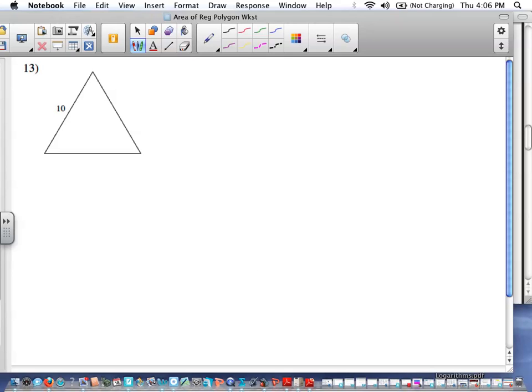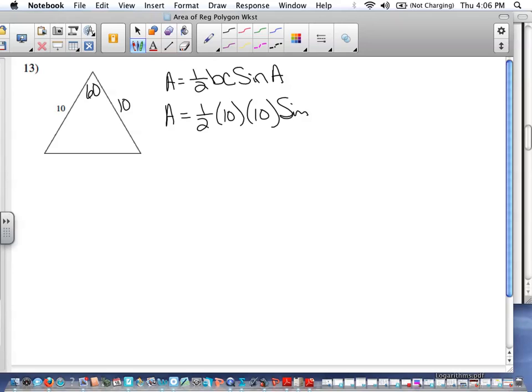Okay, number 13. Now this is a prime example of an equilateral triangle in which I have the length of a side, and the formula area is equal to 1/2 b times c times sine of a is the easiest and probably most appropriate for this problem. So the area for this is equal to 1/2 10 times 10 times sine of 60.